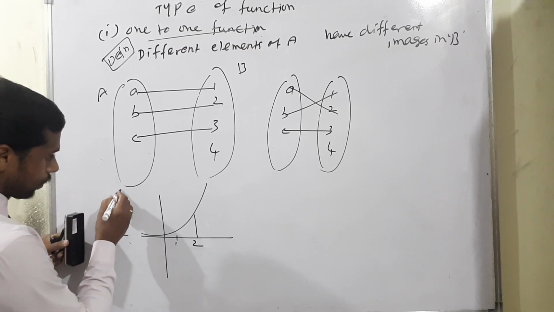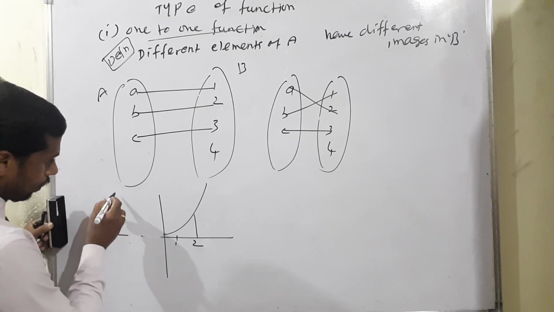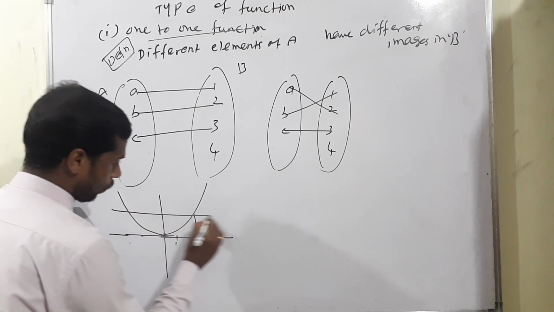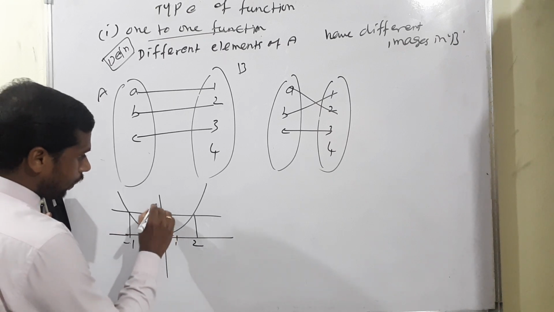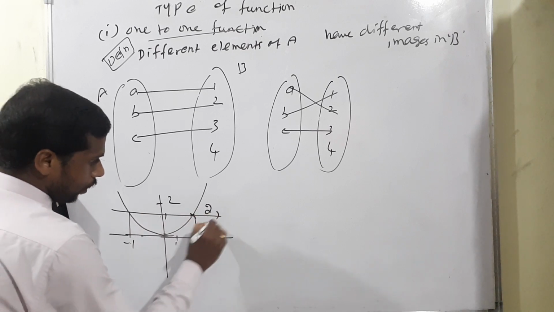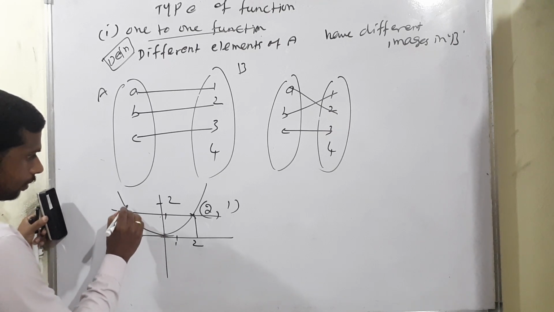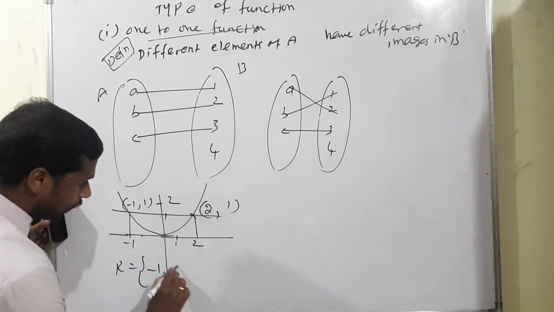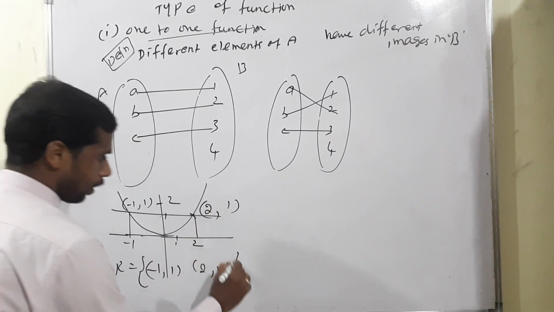Now a line intersects it at minus 1 and 2. Here x equal to 2 gives y equal to 1, and at minus 1 also y equal to 1. Therefore the relations are minus 1 comma 1 and 2 comma 1. Then this is how we make the pairs.